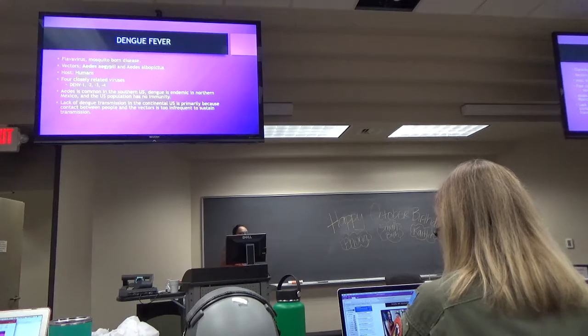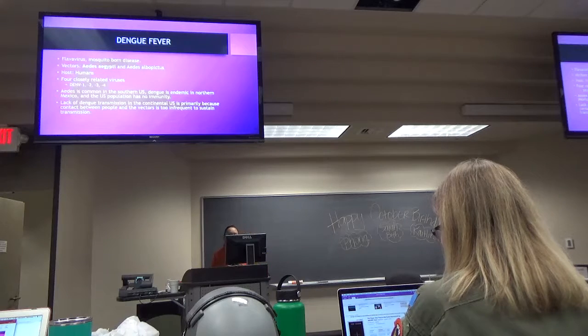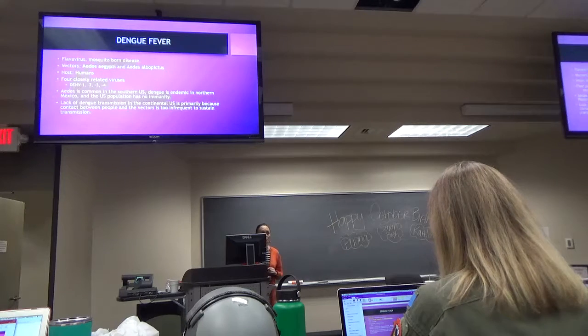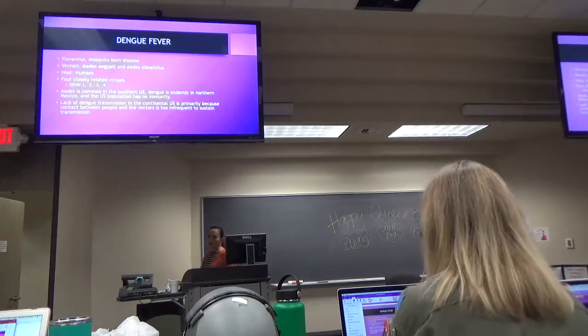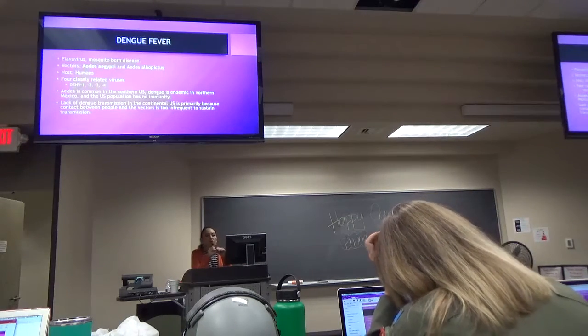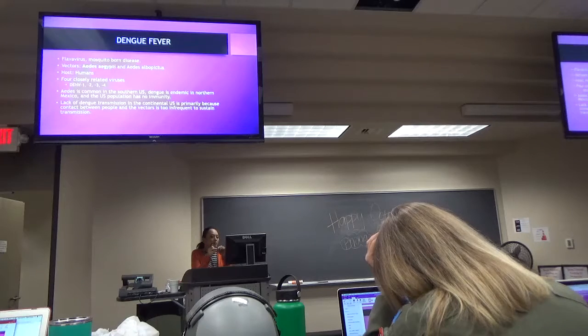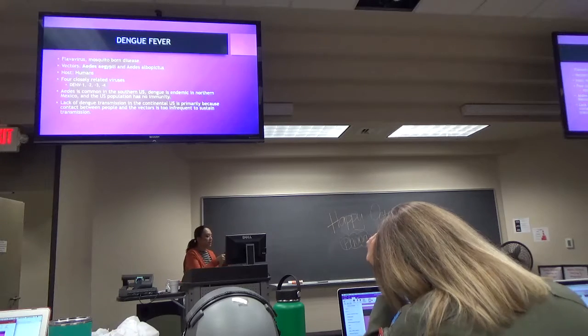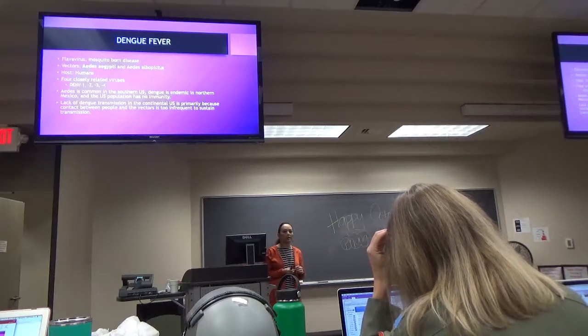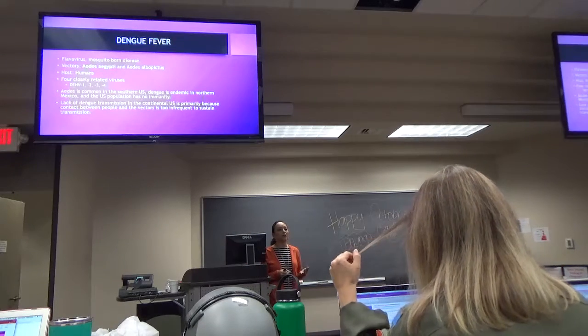So dengue fever is a flavivirus. Again, it's mosquito-borne. The vectors are the Aedes aegypti and the Aedes albopictus. The hosts are the humans. They have 4 closely related viruses, dengue 1, 2, 3, and 4. But just because you get one strain of the virus doesn't mean you won't get it again from the other 3.